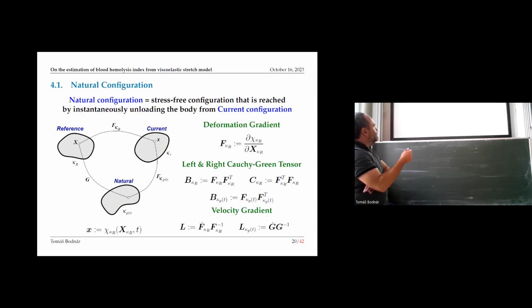It's not so important. What is important here is that the whole model is formulated using not the stress, but the stretch, and mainly the left and right Cauchy-Green stretch tensor. This is the description that you can find in the paper, either his or mine, previously.